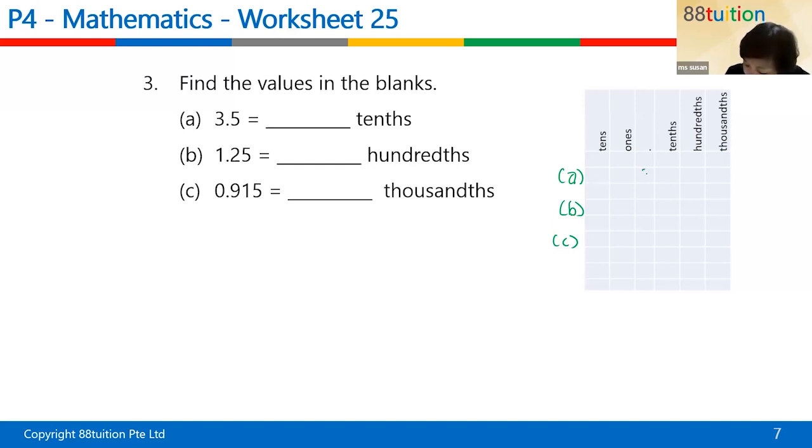Since you wrote 3.5, I just follow. This is a decimal place, so 3.5. Then this one is 1.25. Good. Go on, B.